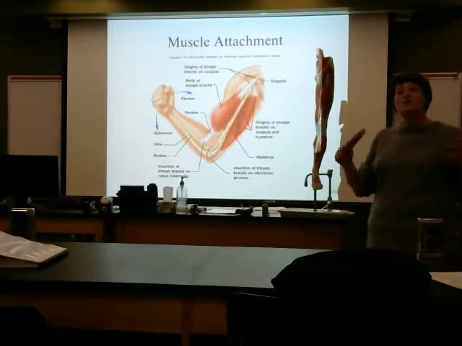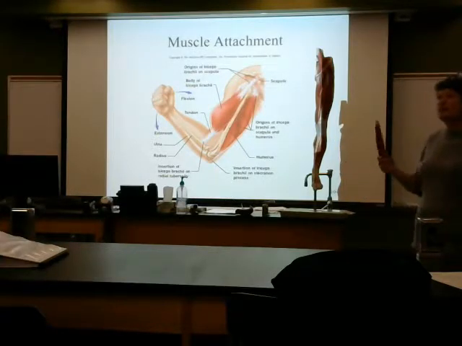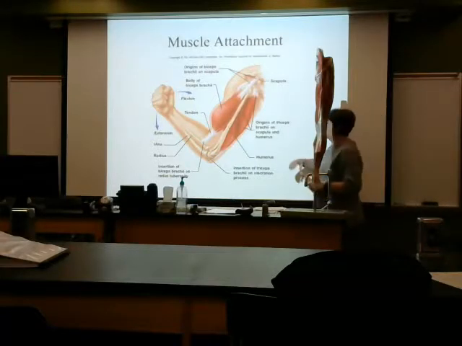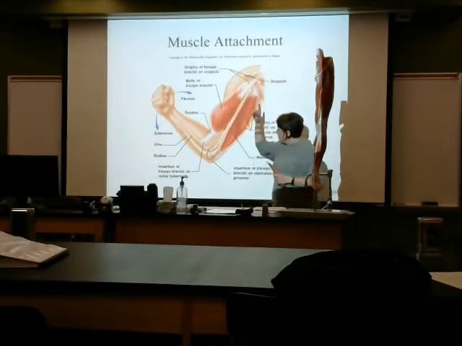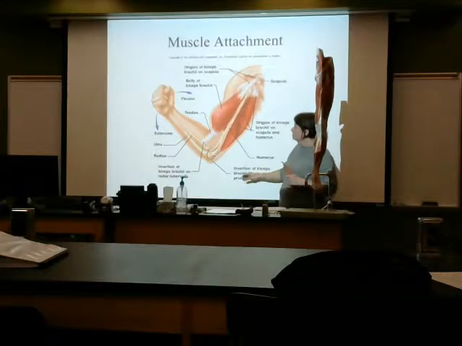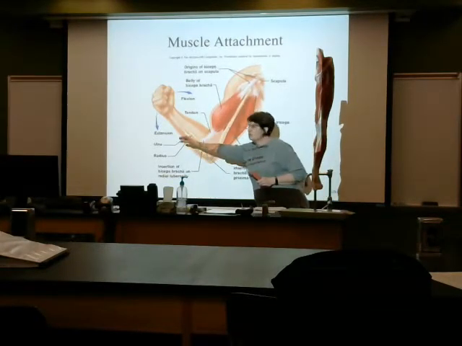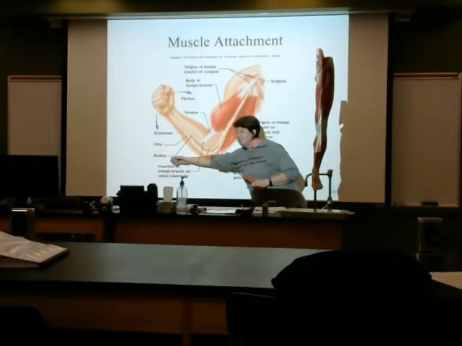Okay, so you need to make sure that you always specify, because simply telling me biceps only tells me something about the structure. Okay, bi meaning two. So we're looking at how we could have an origin, we could have an insertion, we've got a belly movement that can occur, flexion, extension.